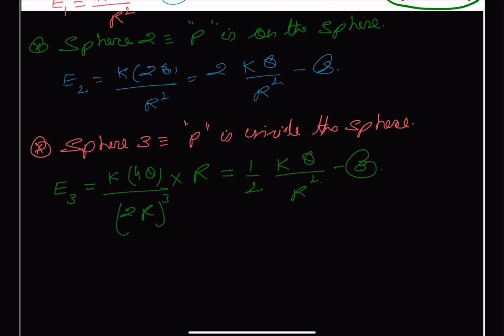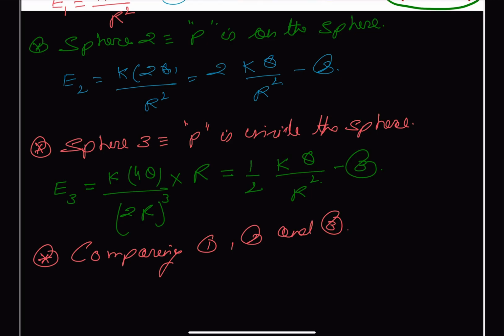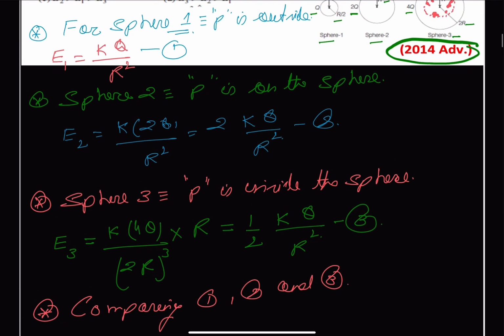Now we simply compare their magnitudes, comparing 1, 2 and 3. So from here we can clearly see that our E2 will be the highest one.